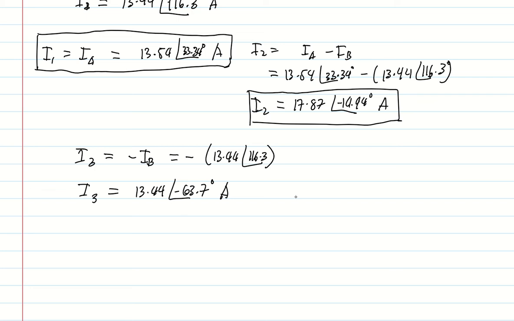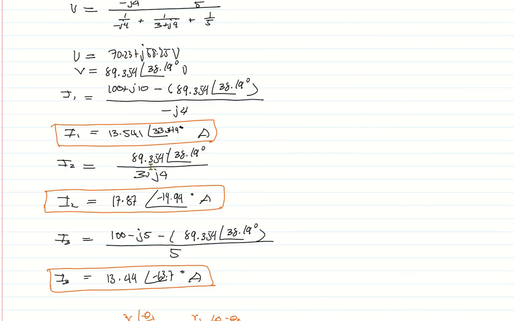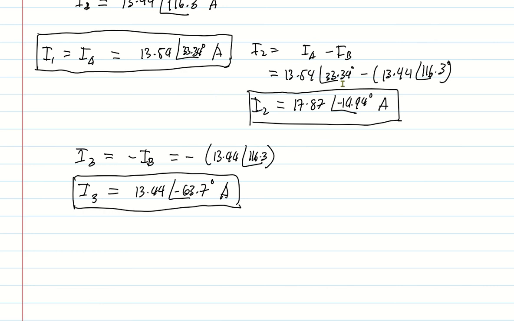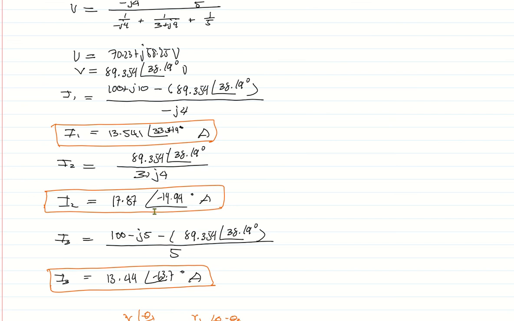So we solved I1, I2, and I3. We can compare our answers with the previous discussion, the nodal analysis. I1 is equal to 13.54 angle 33.34, so our I1 here is the same. For I2, 17.87 angle negative 14 is also correct.